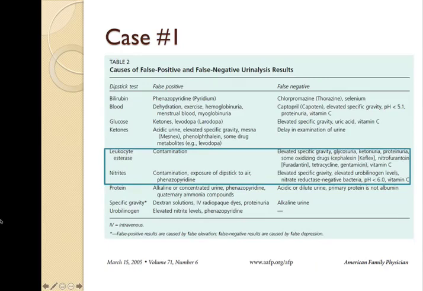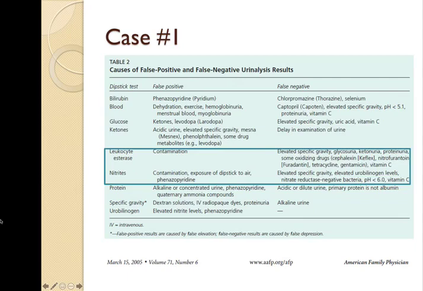So this is table number 1 that I'm showing to you on the causes of false positive and false negative urinalysis results. And that was published in American Family Physician, just on how you interpret urinalysis. So what you can see here is that leukocyte esterase can be falsely positive with contaminated urinalysis.